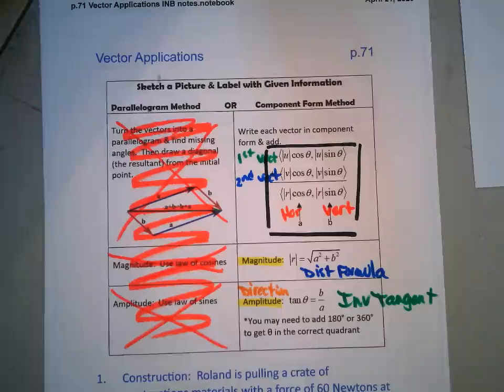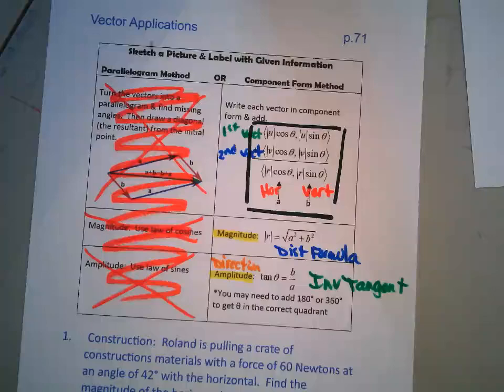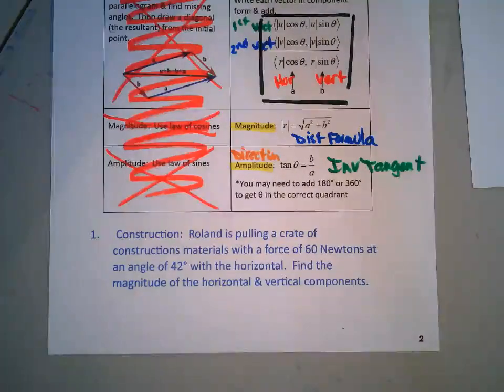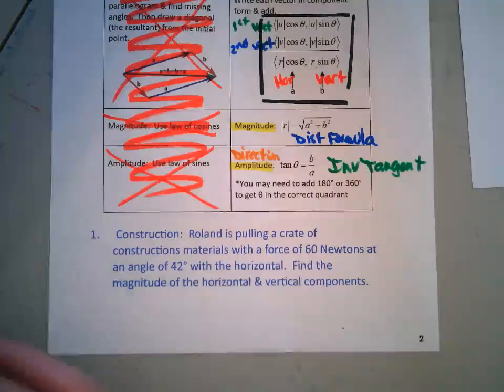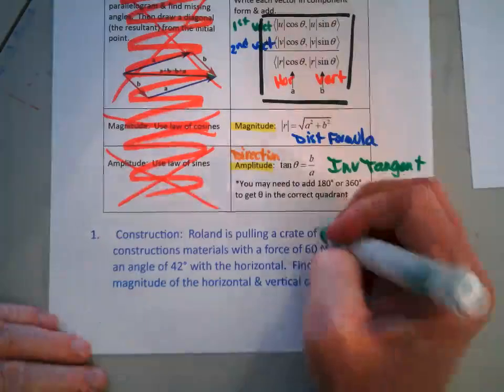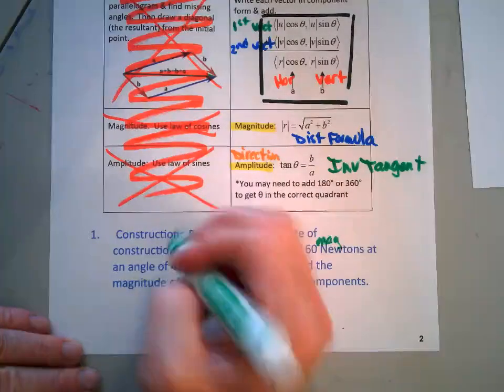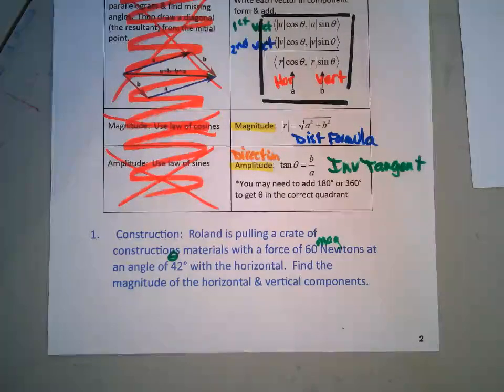So away we go. First problem, down here in the bottom, it says construction. Roland's pulling a crate of construction materials with a force of 60 newtons. That's the magnitude, at an angle of 42 degrees, and that's your theta with the horizontal.